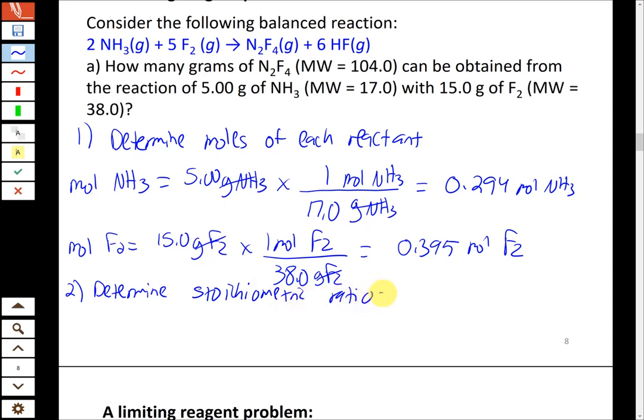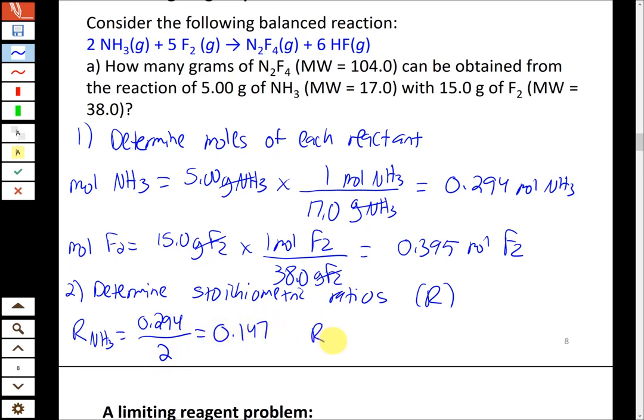All right, so you can't just compare the moles. You have to determine this ratio R that we talked about. So the ratio for NH3 is the number of moles, 0.294, divided by the coefficient. The coefficient from the balanced equation for NH3 is 2, so we divide that by 2 and we get 0.147.